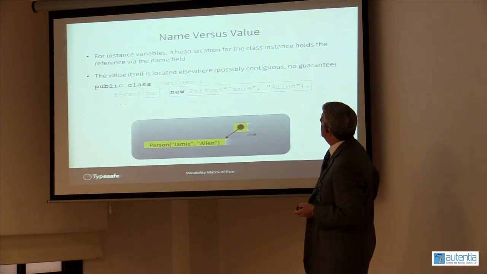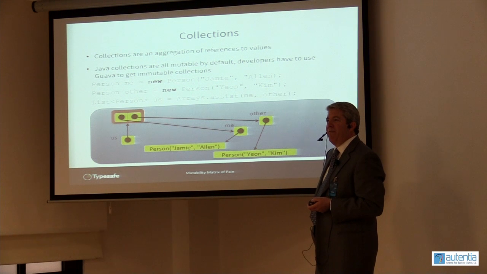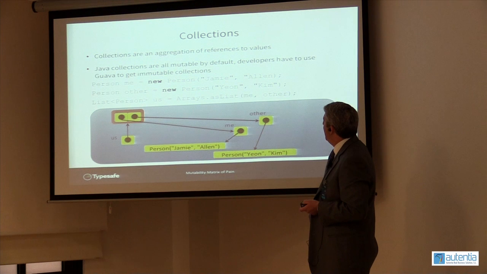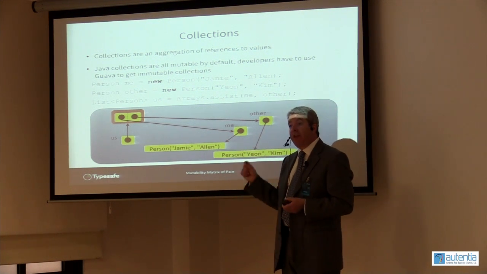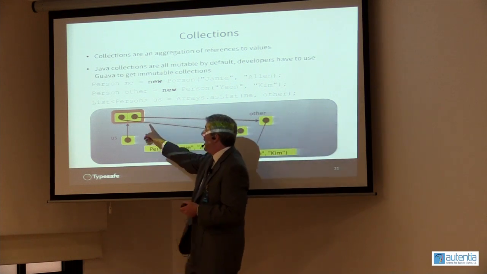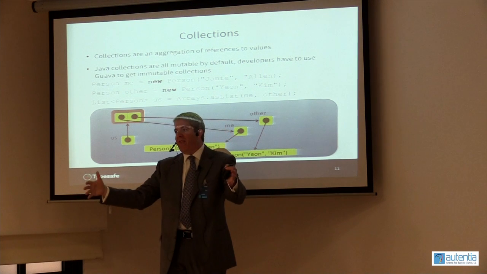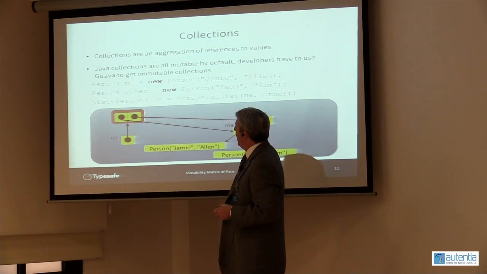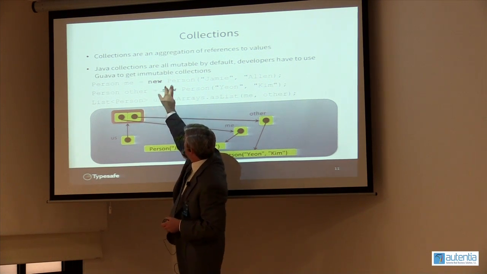Right? Okay. Well then, let's think about it in terms of a collection. That's where things get really messy. This is an array list. And an array list does give you the guarantee that the underlying array is going to be contiguous in space on the heap. But I still have my name that I see defined here. I define one person, me.